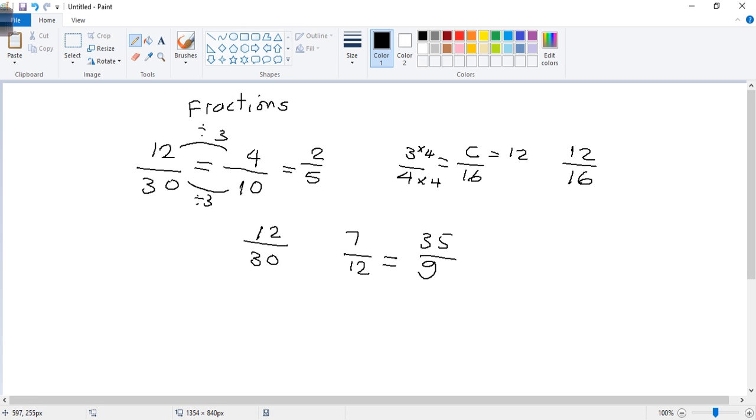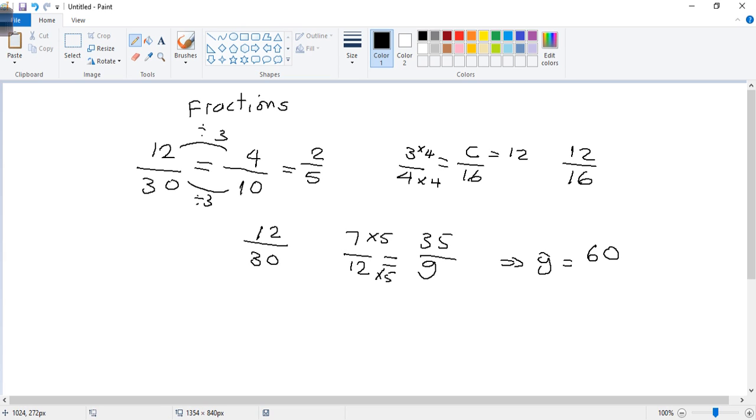The numerator became 35. What did we do to the 7 to get 35? It was multiplied by 5, 7 times 5 is 35. If we multiply the top by 5, we have to multiply the bottom by 5. So 12 times 5 equals g. What's 12 times 5? It is 60. So g is equal to 60.